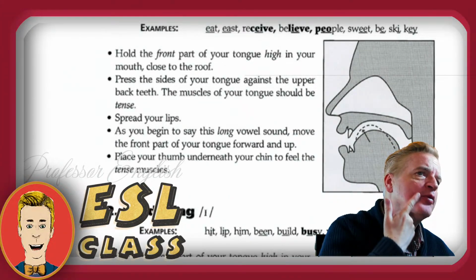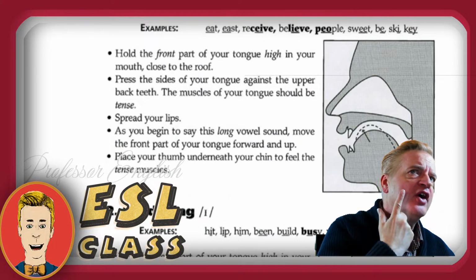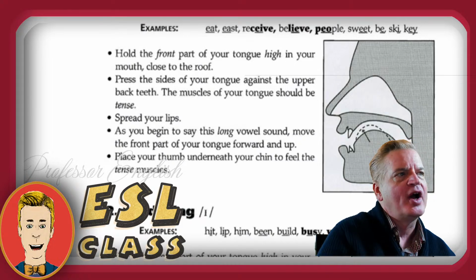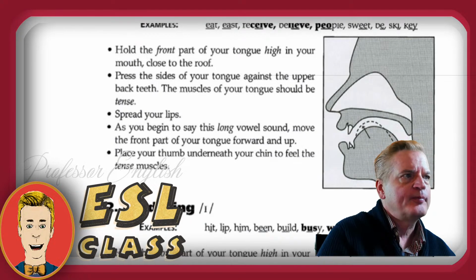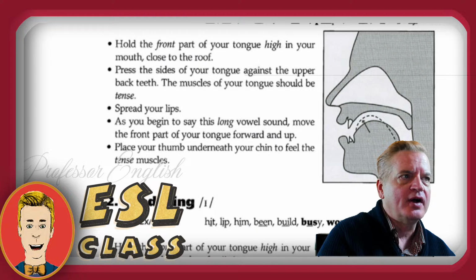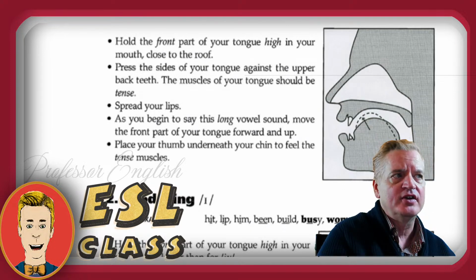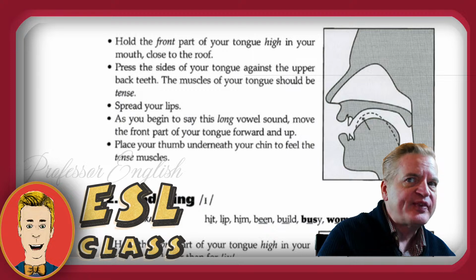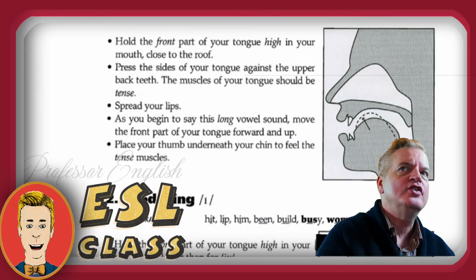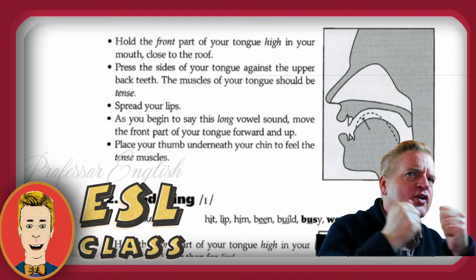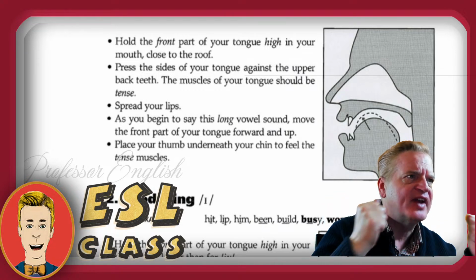The roof is the top of your mouth. Press the sides of your tongue against the upper back teeth. The muscles of your tongue should be tense. E. So you should feel your tongue spreading out. You should feel your tongue contracting. They should be tense.